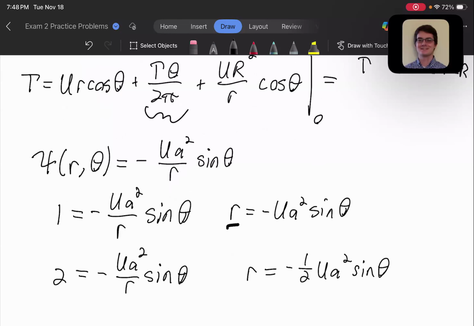So if you want to plot streamlines, you just set the stream function equal to a number, and then take one of the variables and make it a parameter and sweep it, and then the other one's a function of that. But the fundamental thing to know is that you just plug in a number and then hold that number constant. Okay.